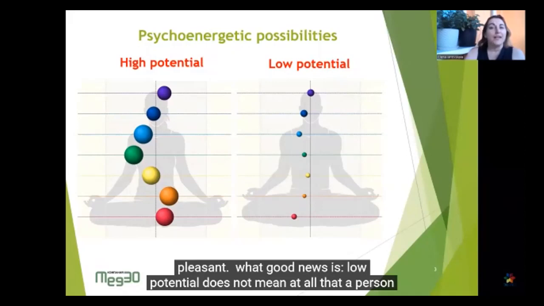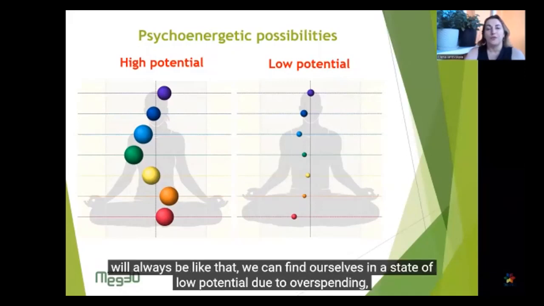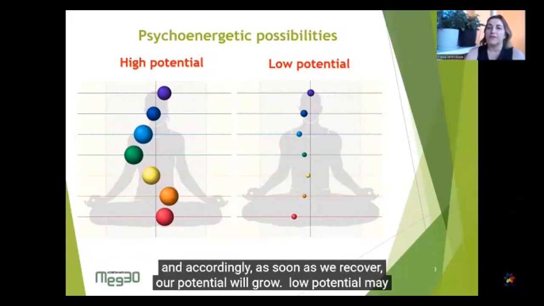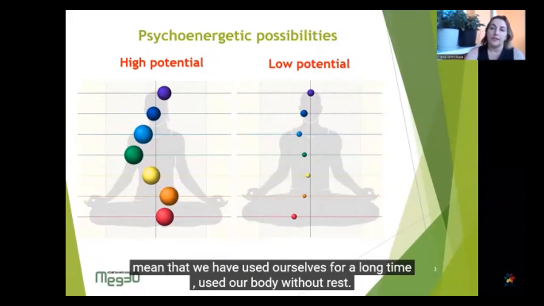What I have as good and pleasant news for you now is that low potential doesn't mean that this person will always be like that. We can find ourselves in a state of low potential due to exhaustion. And accordingly, as soon as we recover, our potential will revive. It means that we have used ourselves for a long time, used our body without rest, and we have exhausted ourselves.